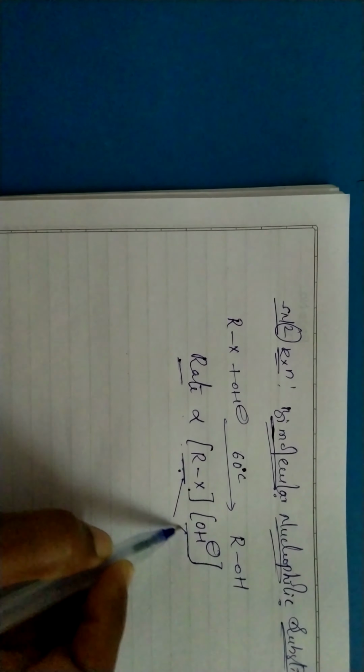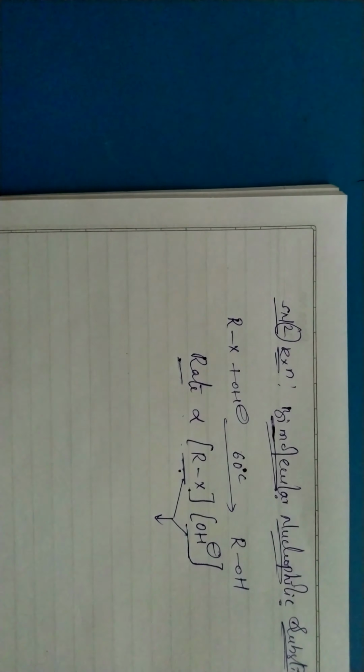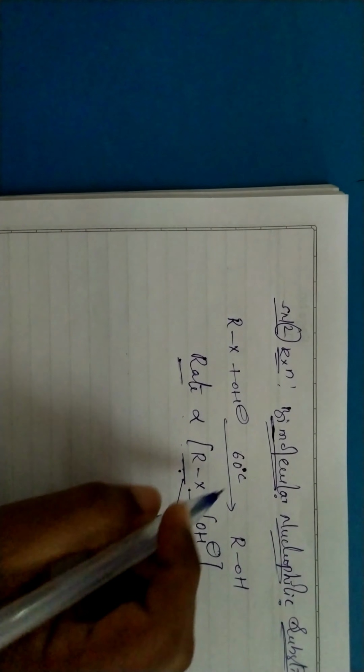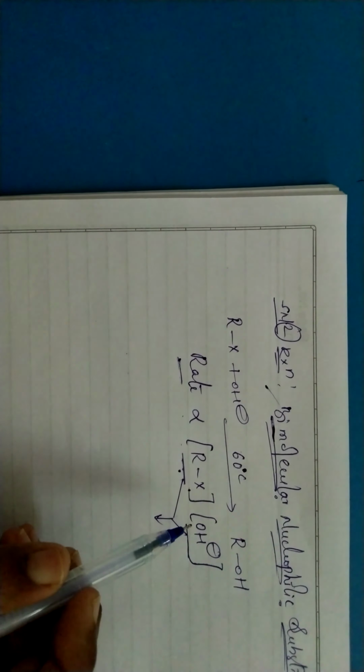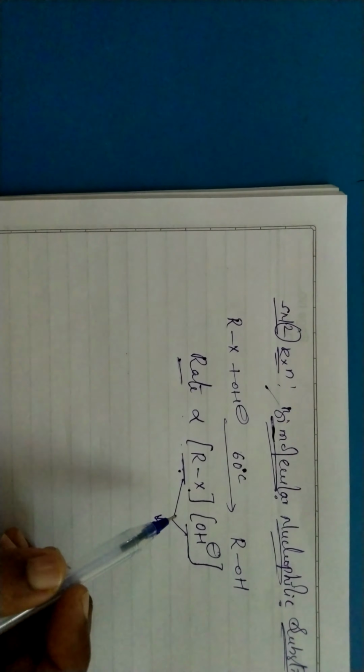Compounds in square brackets indicate concentration. So two molecules are involved in the rate equation. That's why we call it bimolecular, the bimolecular nucleophilic substitution reaction.